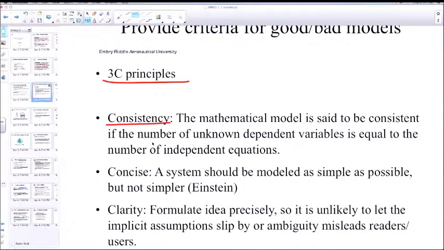The first is consistency. I think my definition here is very narrow. This only applies to the continuous model, and the consistency needs to have an equal number of unknown dependent variables and independent equations. That's only for continuous models.